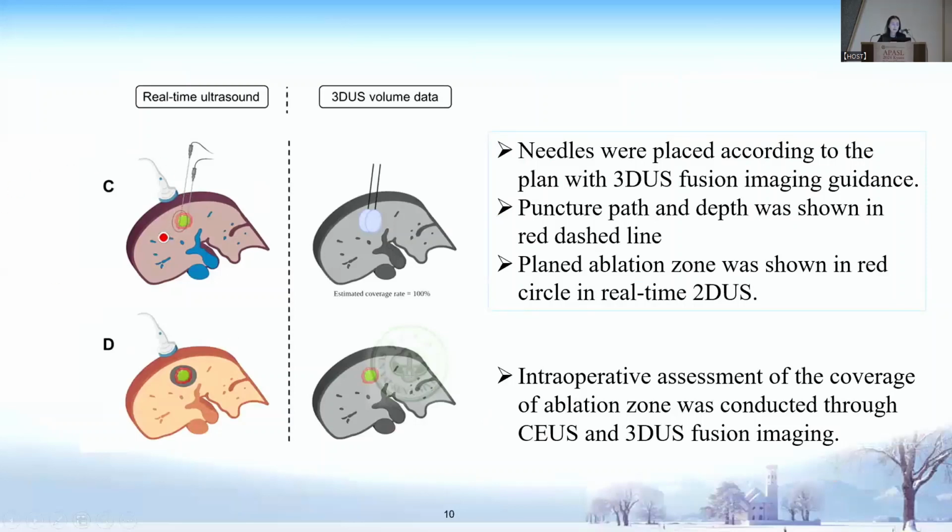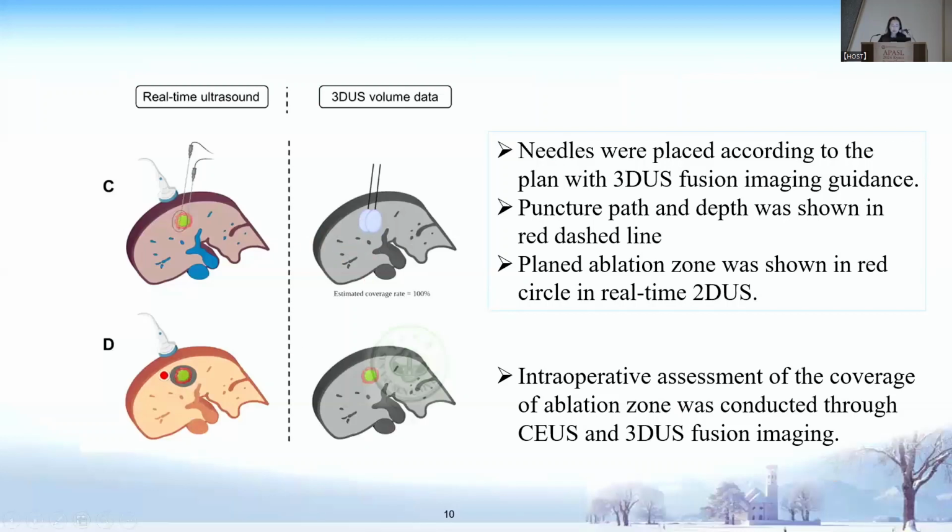Then with real ultrasound, you can place the needles according to the plan in the 3D fusion image, and the puncture path and depth are shown in the red line, and the planned ablation zone is also shown here.